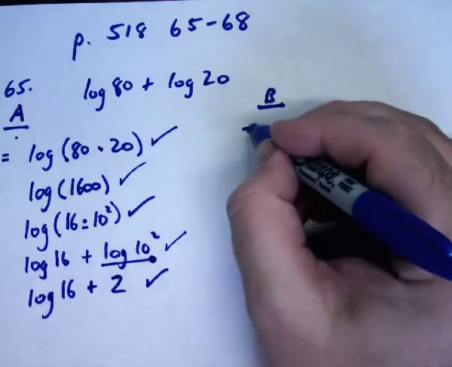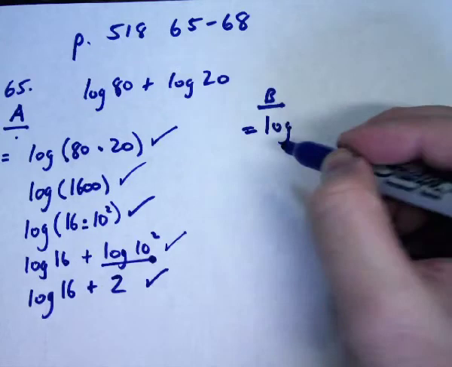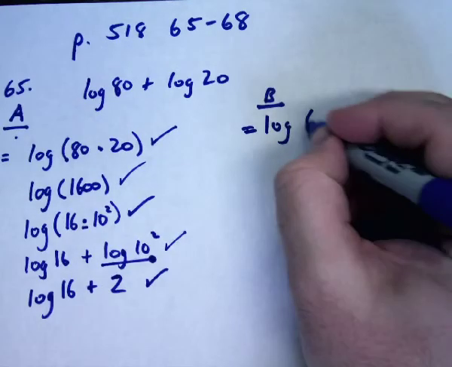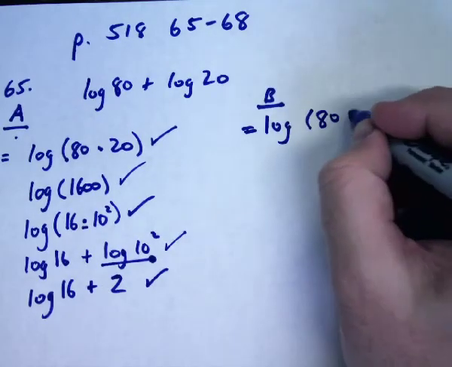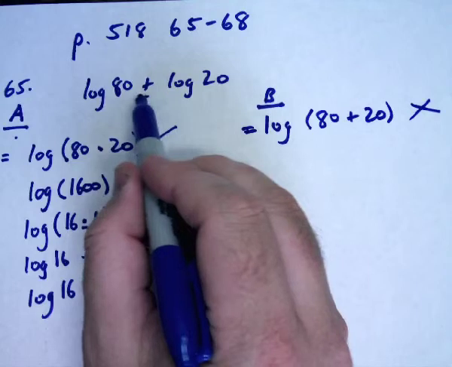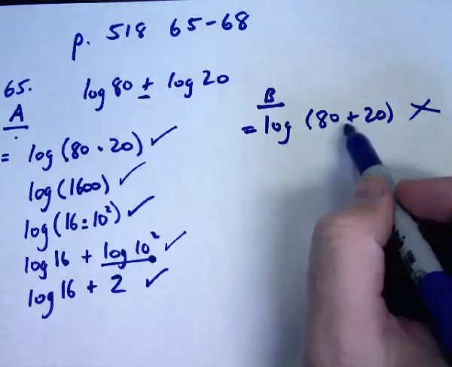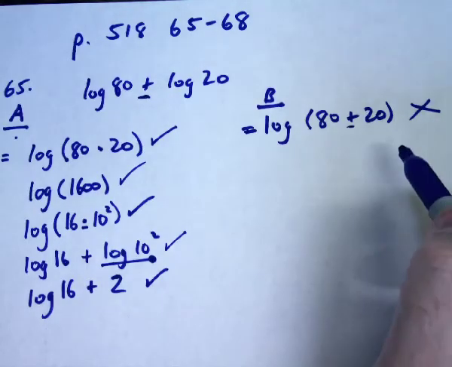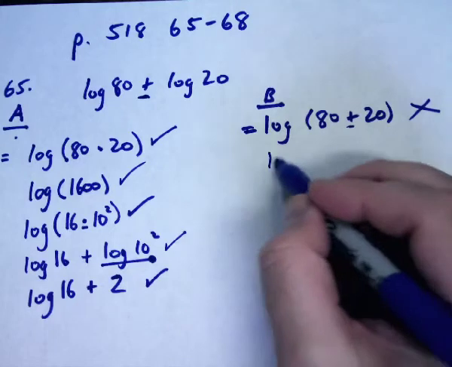So they said that this equals log 80 plus 20. And right there, that's going to be incorrect, because if we add the logs, we would be multiplying here. And the rest of it looks good, though. They go log 100.